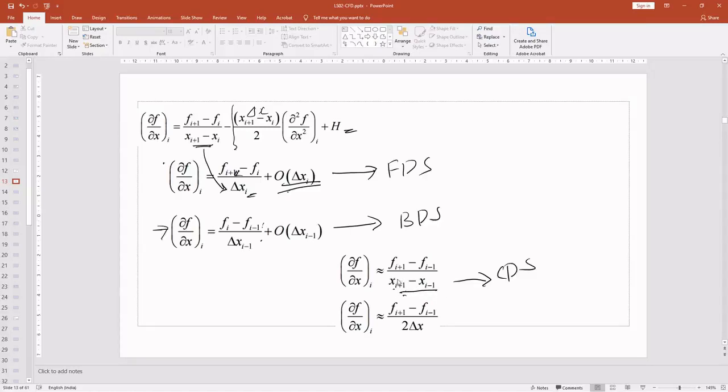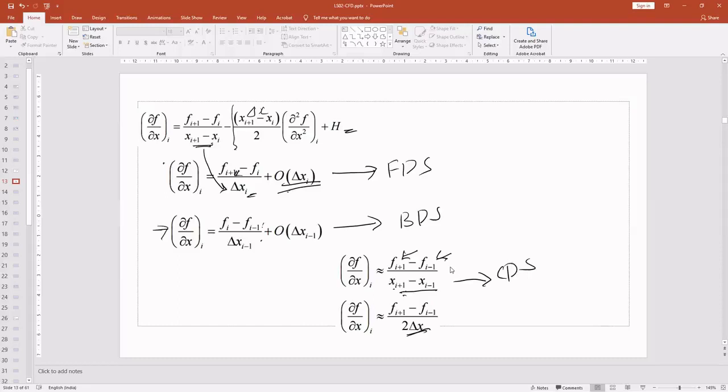So it is the combination of x of I plus 1 minus x of I, and x of I minus x of I minus 1. That's why it becomes 2 delta x. And also in the numerator, the terms are f of I plus 1 and f of I minus 1.